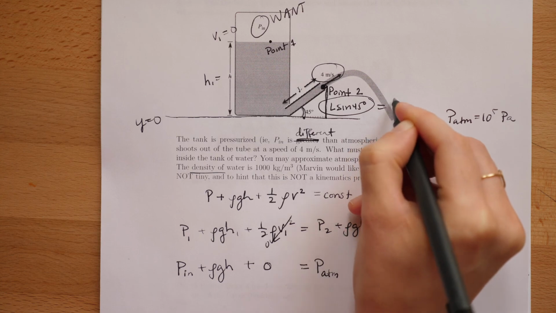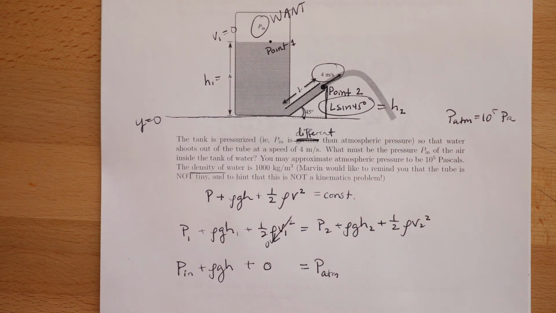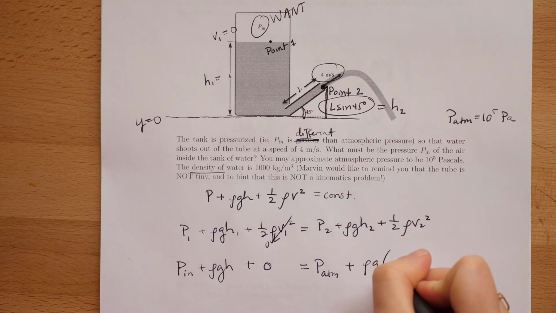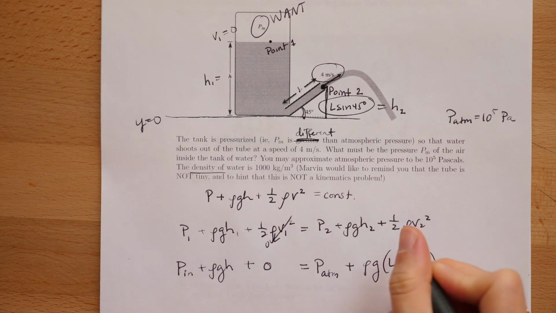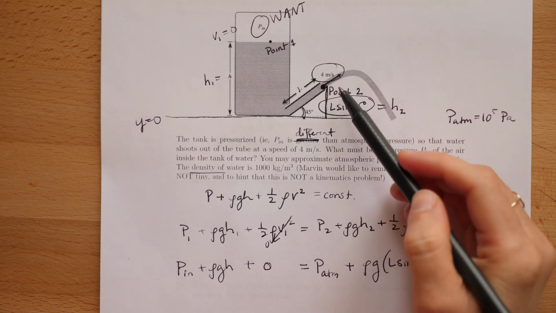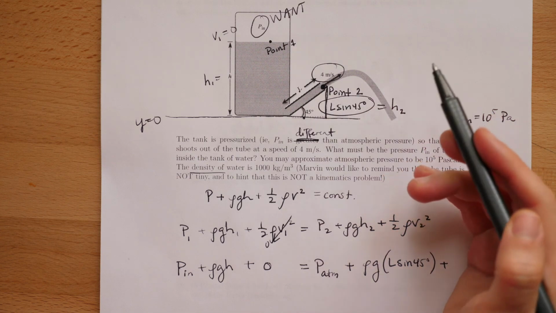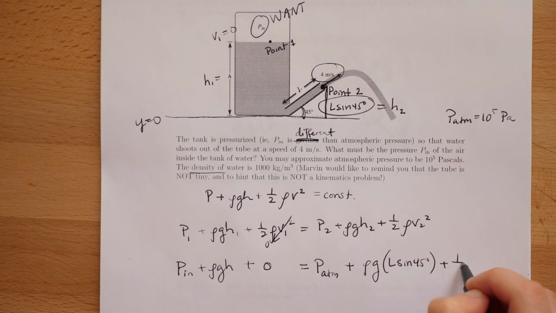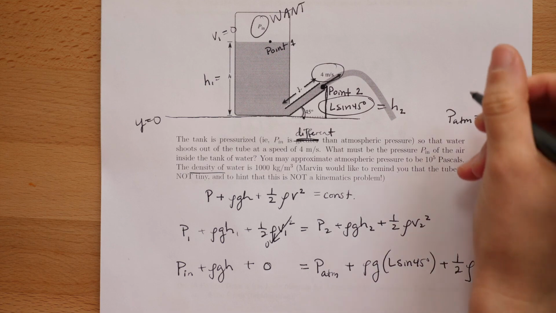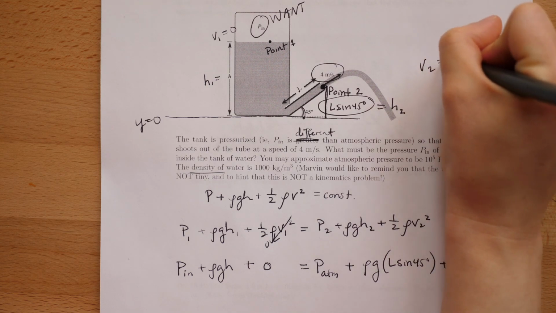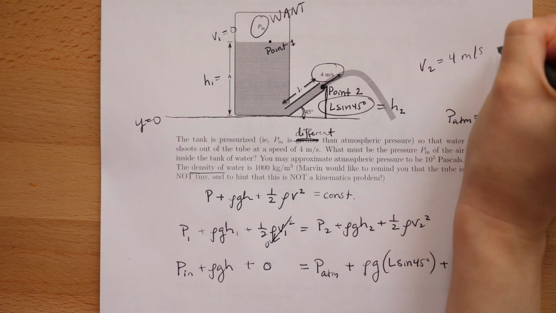That is equal to the height h2. So we're going to add rho g h2, which is L times the sine of 45 degrees. And lastly, we need this term. Here we know that the speed of the fluid is 4 meters per second. So v2 is 4 meters per second.